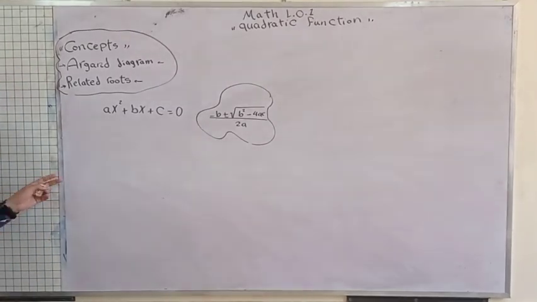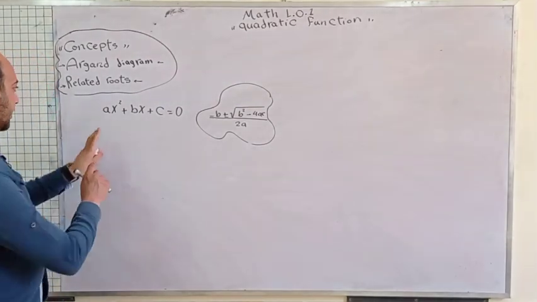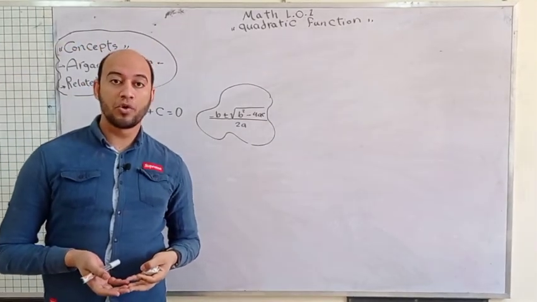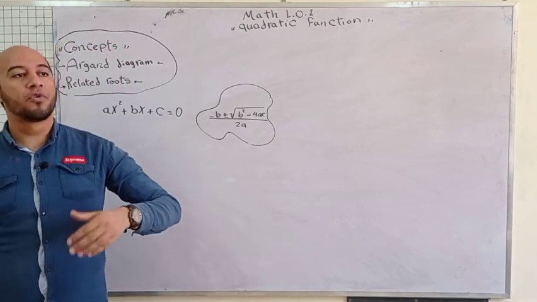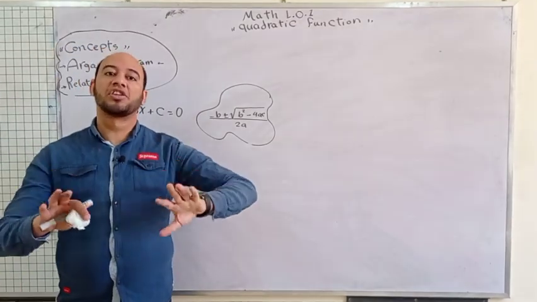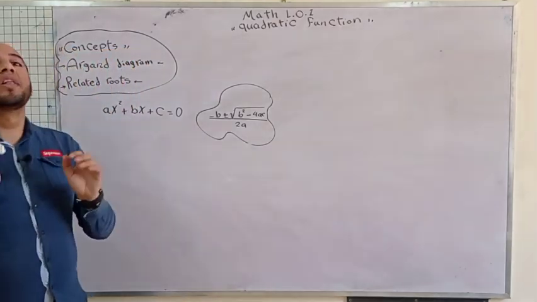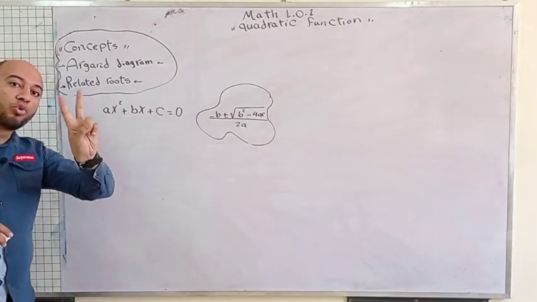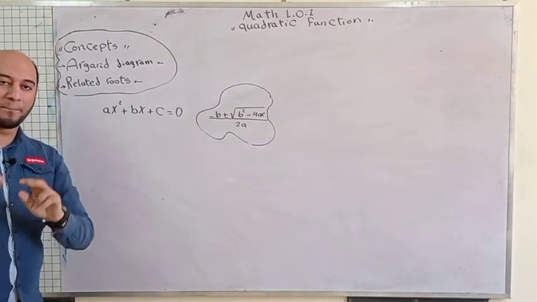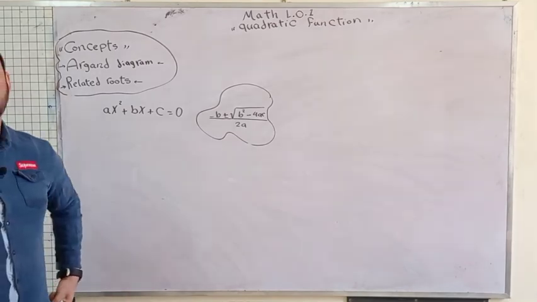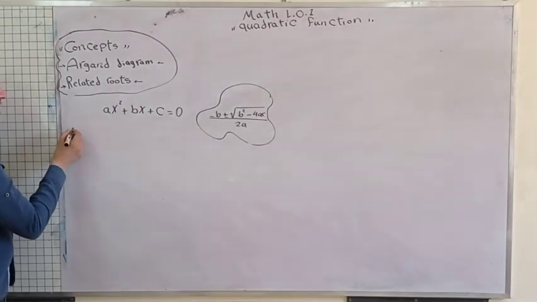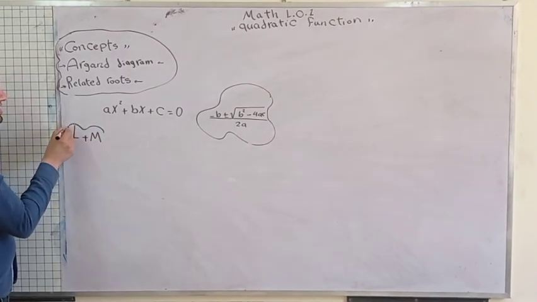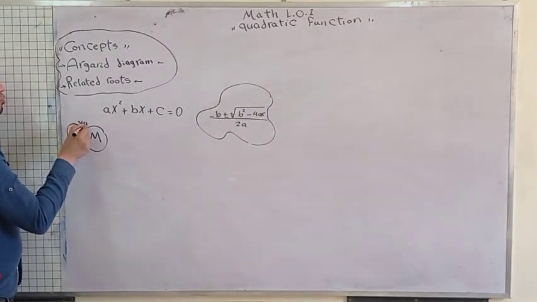Now, there is a relationship between these three coefficients and the roots of the equation. Whether the roots are real or imaginary, this relation exists. I will suppose that this equation has two roots, L and M. Then L plus M, the sum of the two roots.